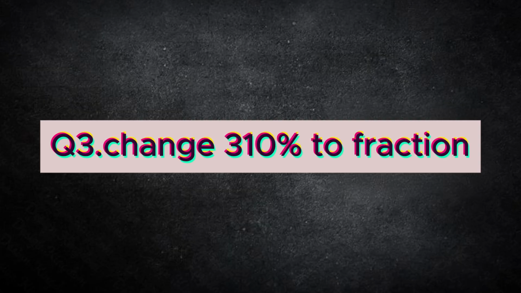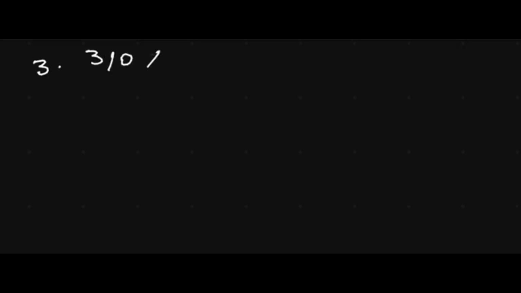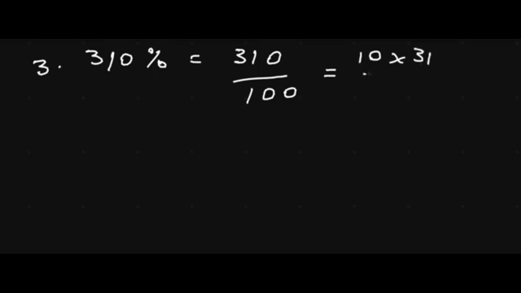In the middle you can stop and do your own. Number 3 is 310%. Again, 310% means 310 over 100. The greatest common factor between 310 and 100 is 10. 310 divided by 10 is 31, and 100 divided by 10 is 10.